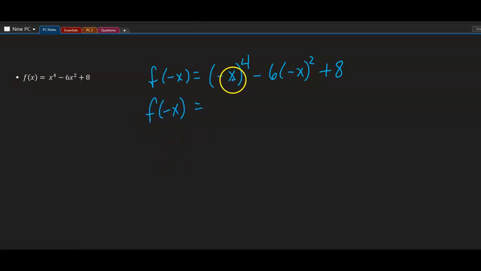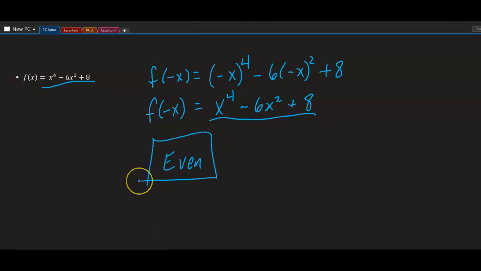So if I multiply a -x 4 times, okay, if I multiply 4 negative x's, a negative times a negative times a negative times a negative, I'm going to end up getting a positive x to the 4th. If I square a -x, that's going to give me a positive x squared, and if I multiply it by this -6, I get -6x squared. And then there's nothing to do with the plus 8. So is this equal to my original function? And the answer is yes, and that means that this is an even function.